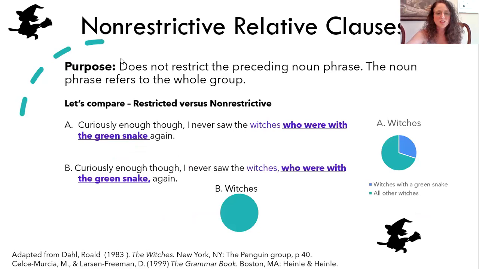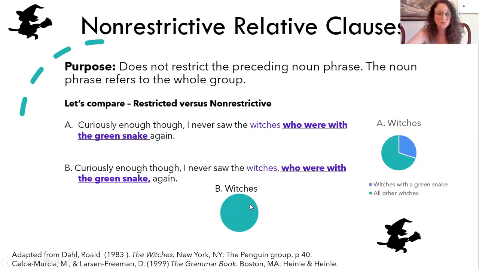So let's look at non-restrictive relative clauses, and then let's compare the two, just to make sure we understand the difference. So the non-restrictive relative clause does not restrict the noun phrase. So the noun phrase refers to the whole group. It would be this whole circle. So all of the witches in this case, it would apply to.